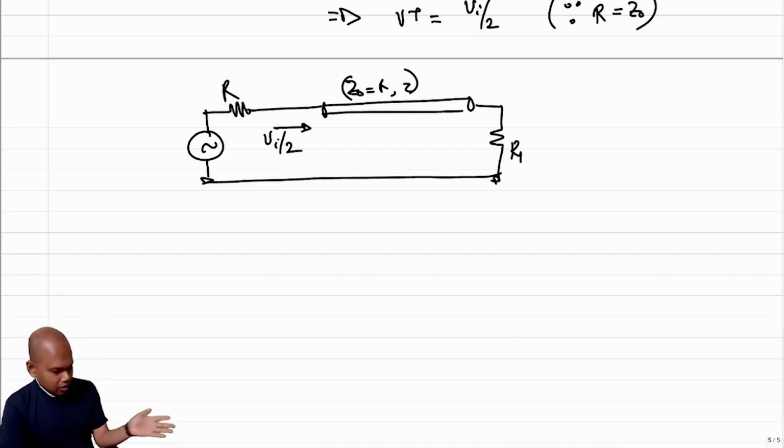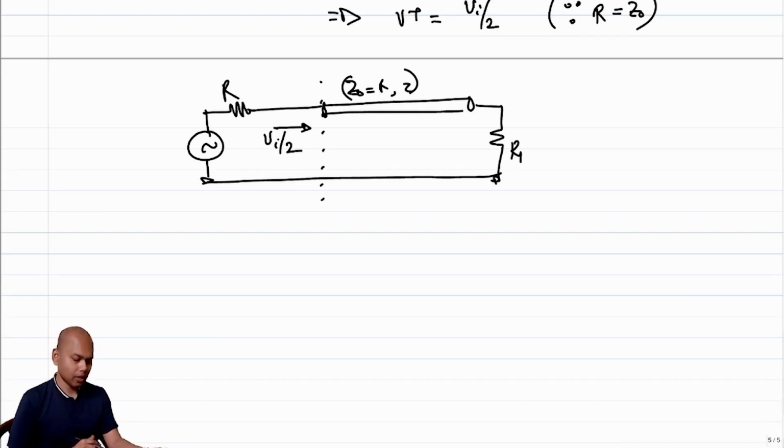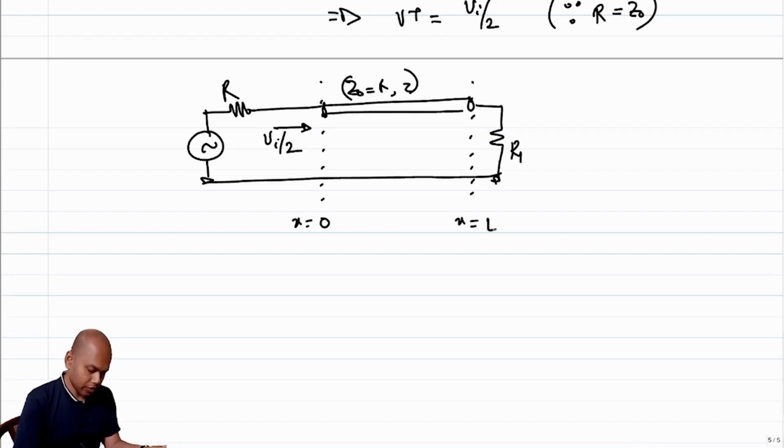Okay. So this goes through, and after a time tau, this wave front reaches this end, right? So this is x equal to 0, x equal to L. Okay. So basically it becomes Vi over 2, but after a time delay of tau, right?